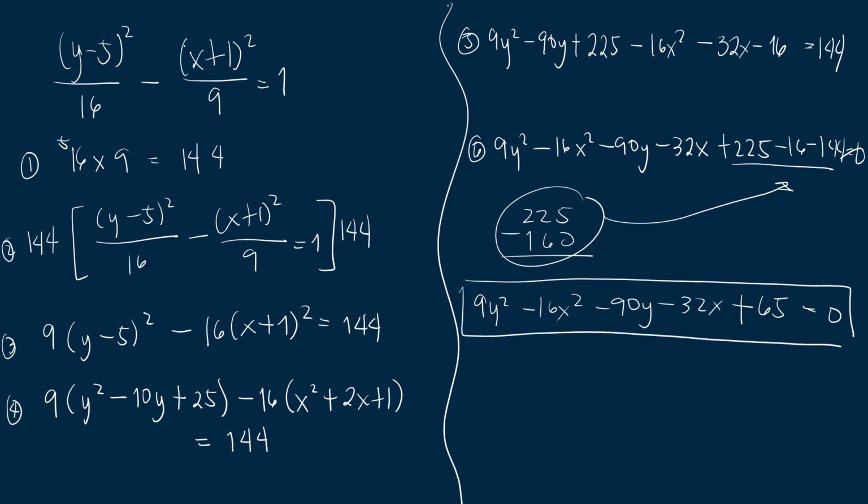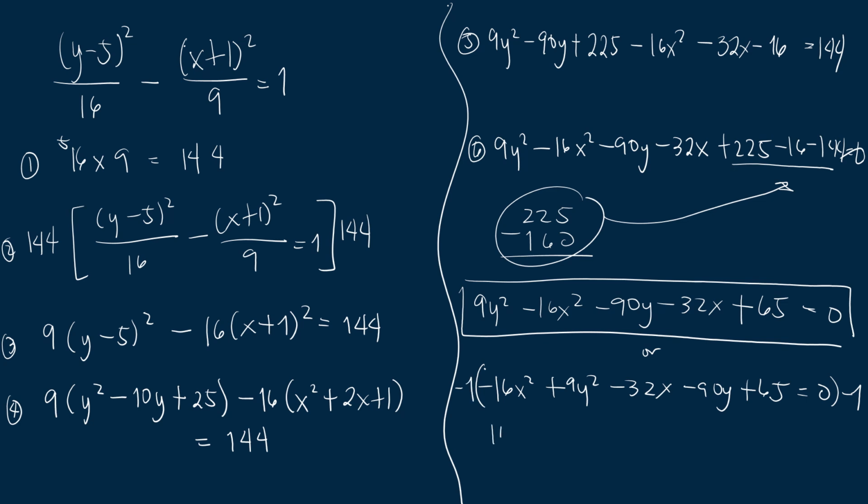Pwede namang mauna si x squared, pero imamanipulate nyo muna. Negative 16x squared plus 9y squared plus 32x minus 90y plus 65. Since negative yung nauna, multiply nyo by negative 1. Pwede po yun. Okay?